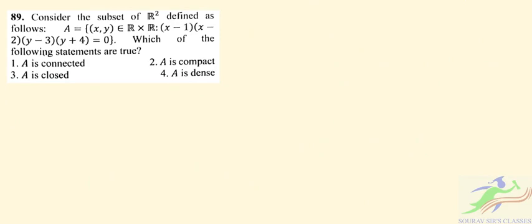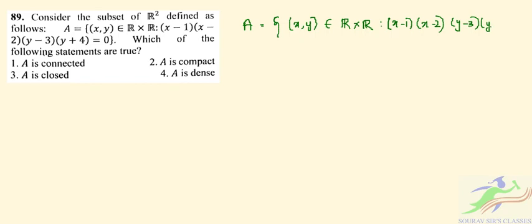Question 89. Consider the subset of R2 defined as follows. We have been given that A is the set of (x, y) belonging to the space R cross R such that (x minus 1)(x minus 2)(y minus 3)(y plus 4) equals 0.